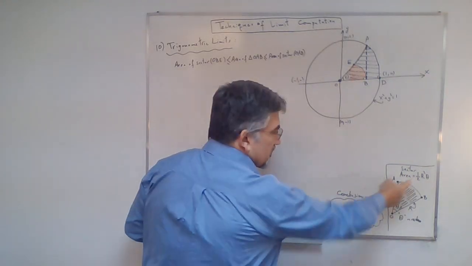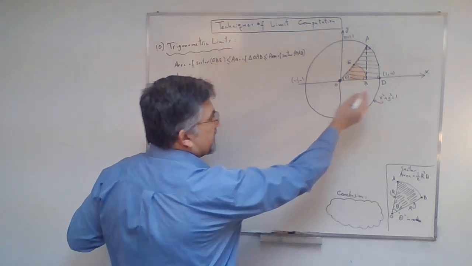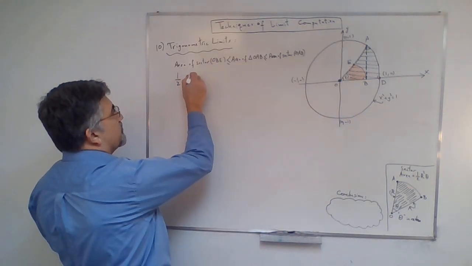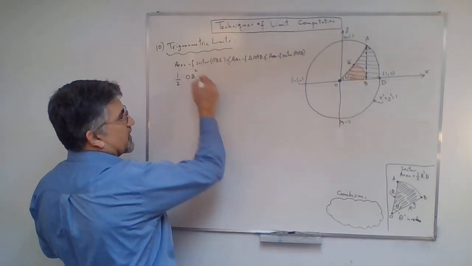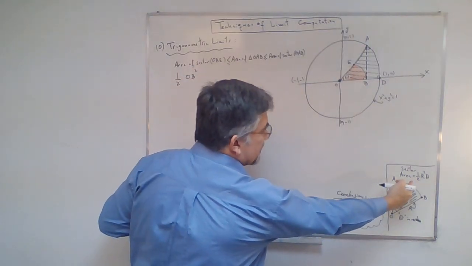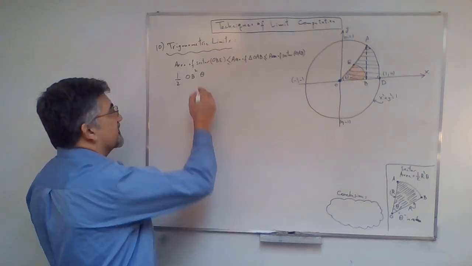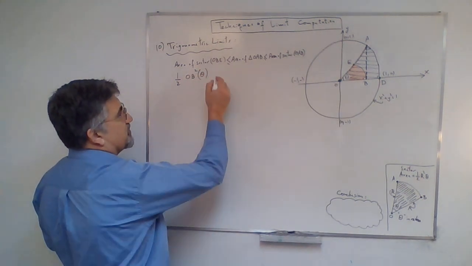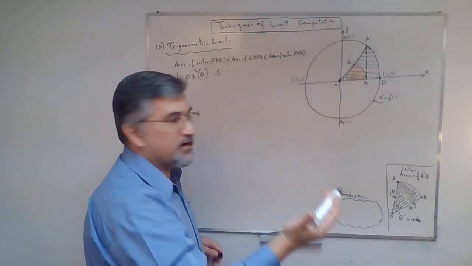Well, we are going to use the formula that we discussed. It's going to be 1/2 times the radius, which is OB, squared, and then times the angle theta. So that's how you find the area of sector OBE. The area of triangle OAB is very easy: base times height divided by 2.